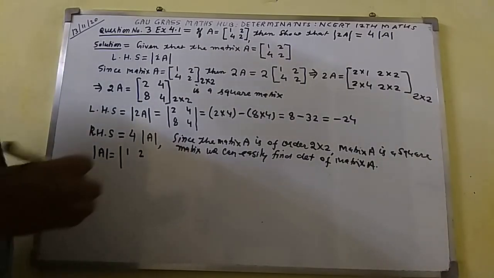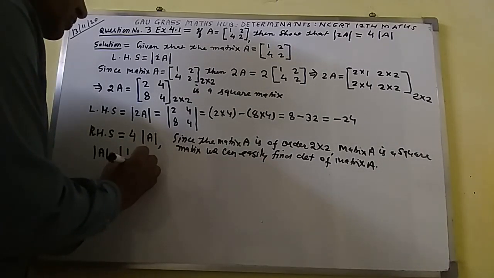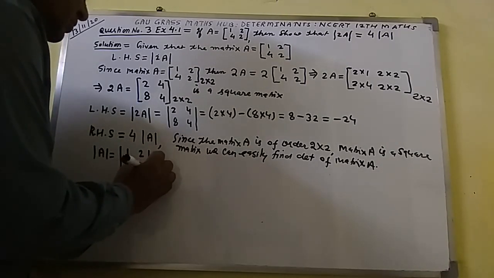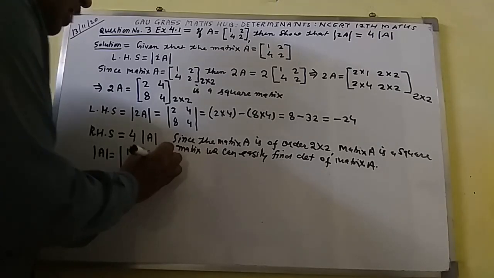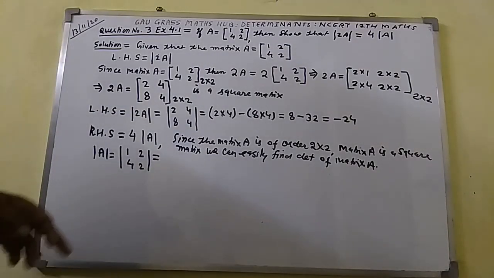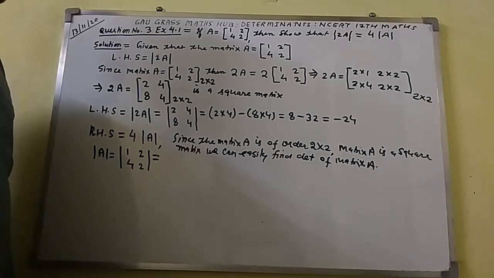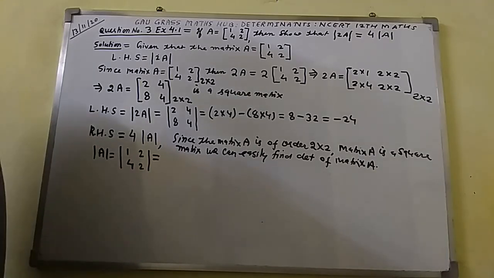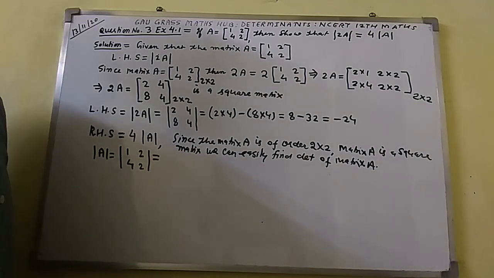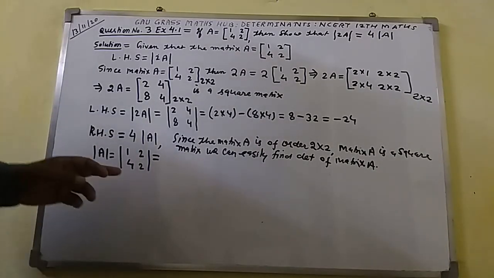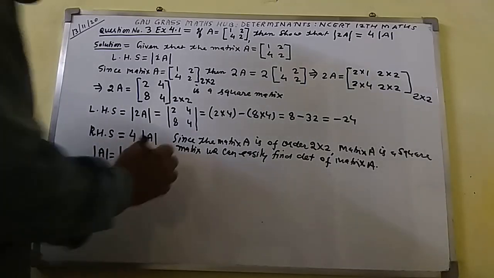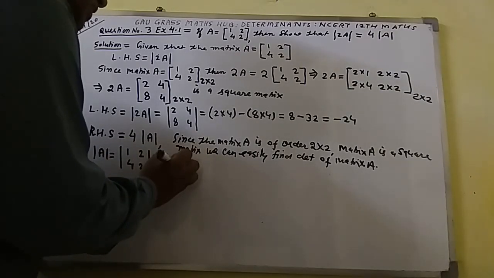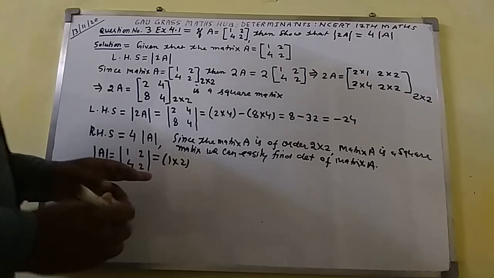The elements of the principal diagonal are 1 and 2, which multiply together: 1 times 2 comes out to 2.